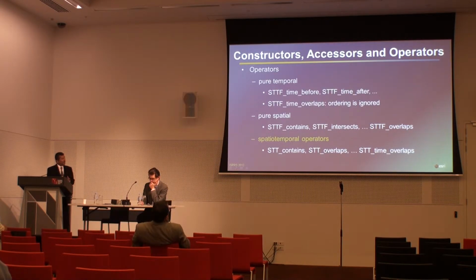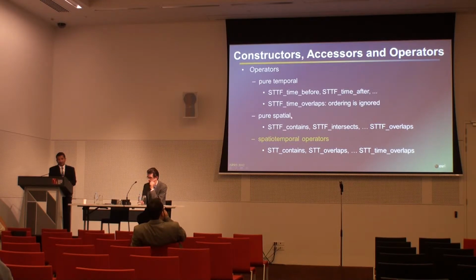The third part is the operators. We can define the operators in three parts, as we are dealing with a spatiotemporal type. It can be purely temporal operators, for example, whether two events or intervals are before each other or not, or whether they overlap or not.